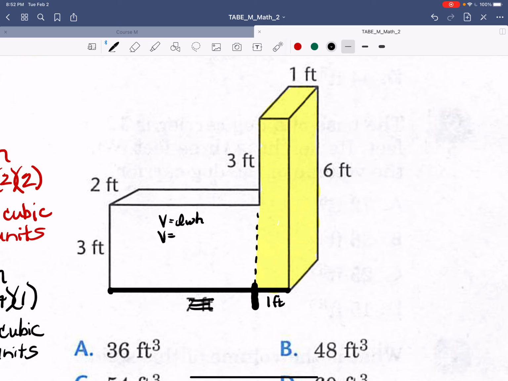So if that's 1 foot, that means that this is 6 feet. Because together, those make that 7. So you have to be really careful right there that you're not using the 7. So the long side is 6, the width is 2, and the height is 3 on this one. So that's going to give us 36 cubic feet for this part.